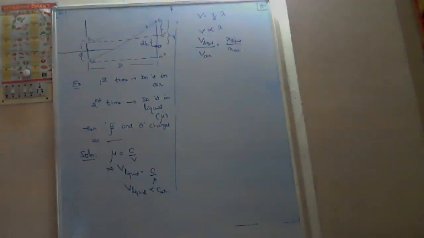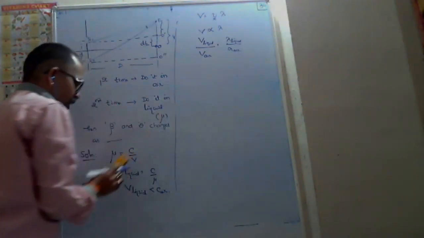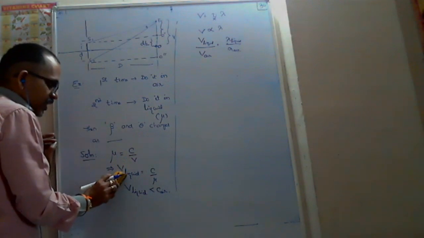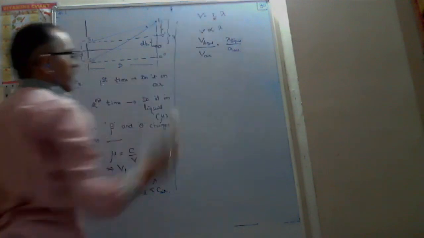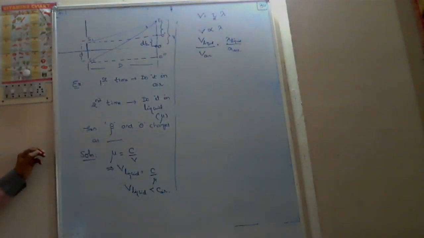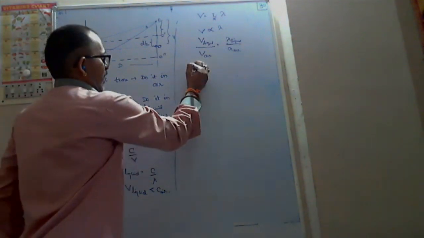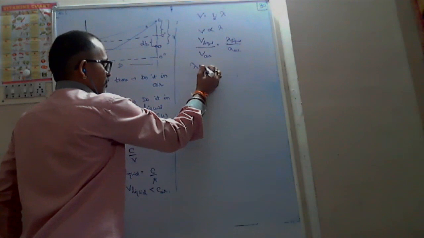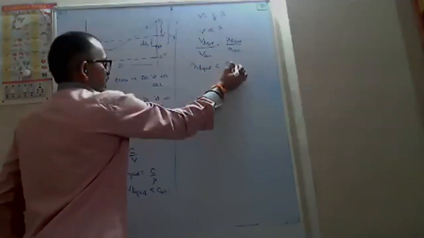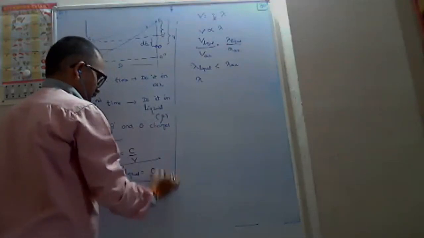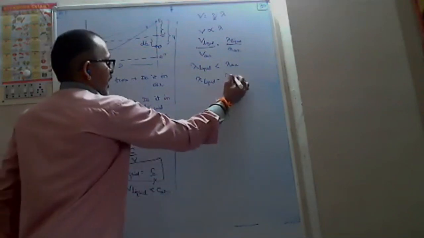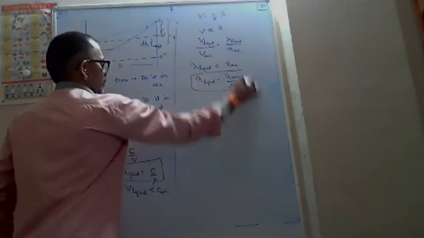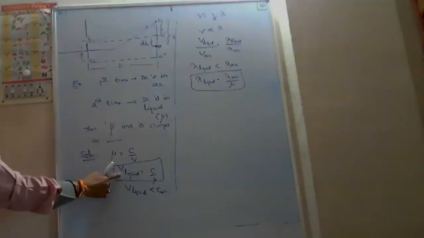If velocity is decreased, lambda also will be decreased. So lambda in liquid is less than lambda in air, and lambda in liquid equals lambda in air divided by mu.